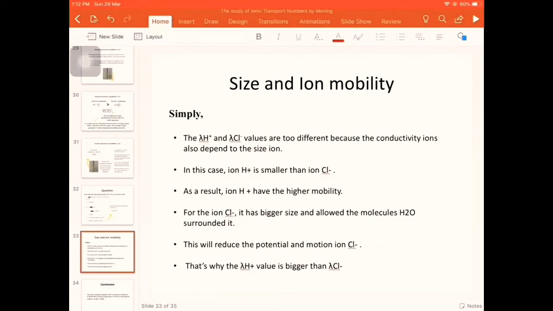For Cl minus, it has a bigger size compared to the water molecules, because water molecules cannot be dissociated, and they will surround the Cl minus. This is, if I'm not mistaken, the caging effect. This will reduce the potential and motion of the Cl minus ion. That's why you can see that the motion of the chloride ion is very slow.